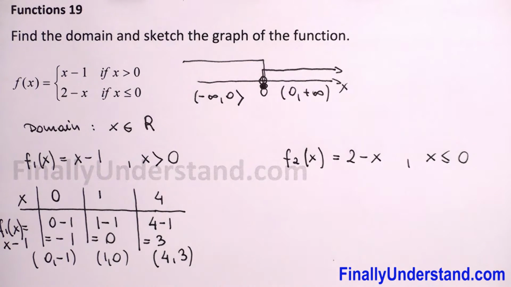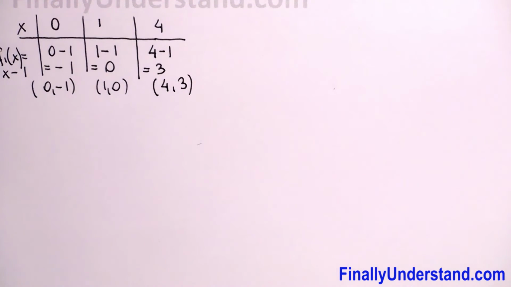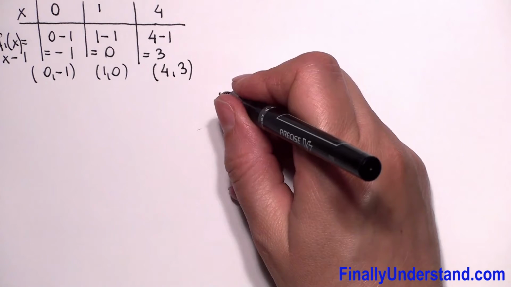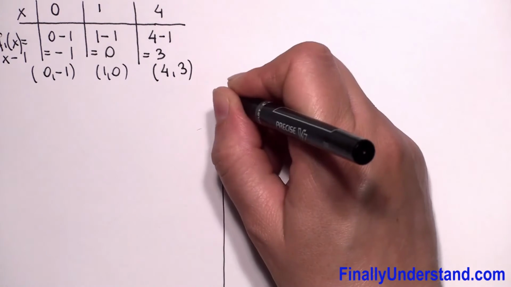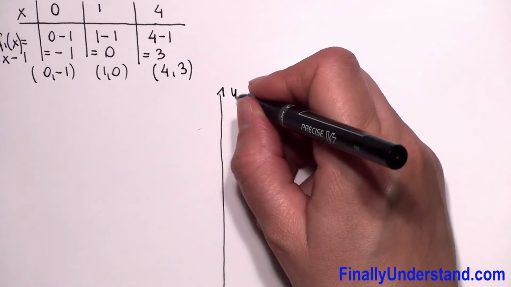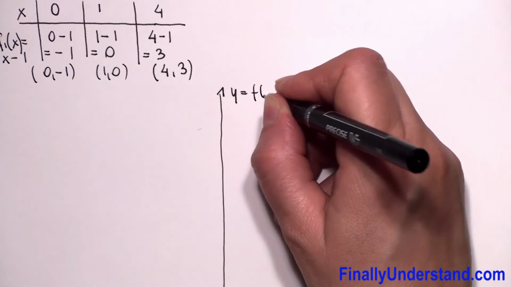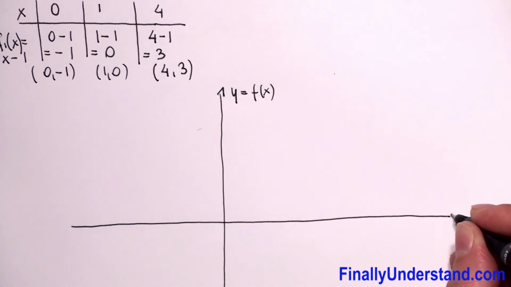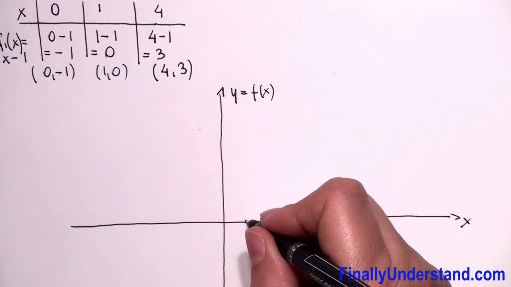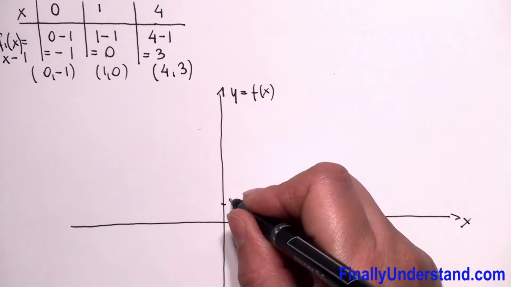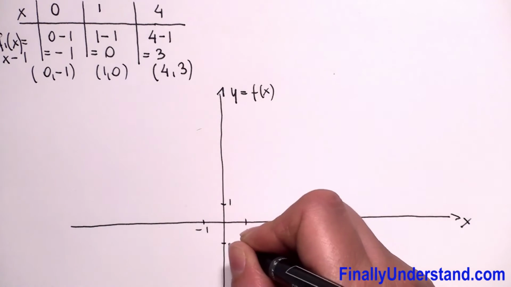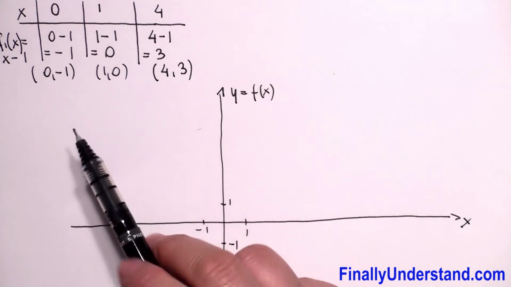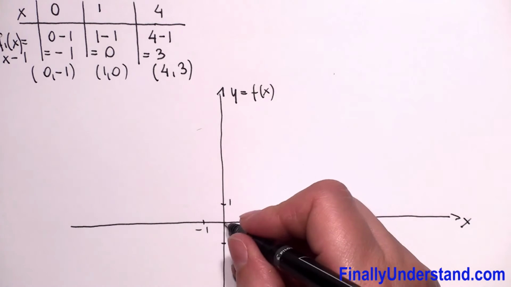So we can draw the xy plane. This is our y equals f of x and our x axis. We have to choose the unit. First point is 0, negative 1.